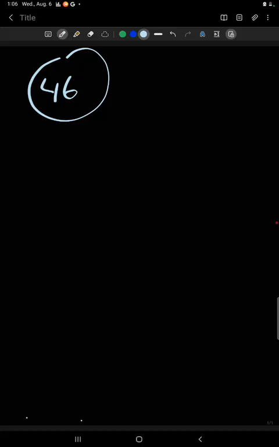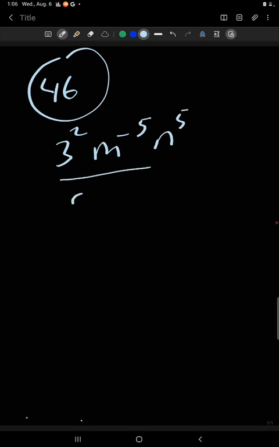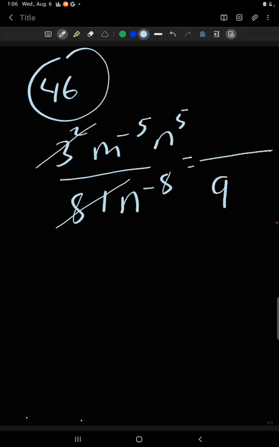46, the statement is 3 squared m to the -5 n to the 5th power, over 81 n to the -8 power. Okay, so 3 squared is 9. 9 is divisible by 81, so the 81 goes away, it simply becomes 9.